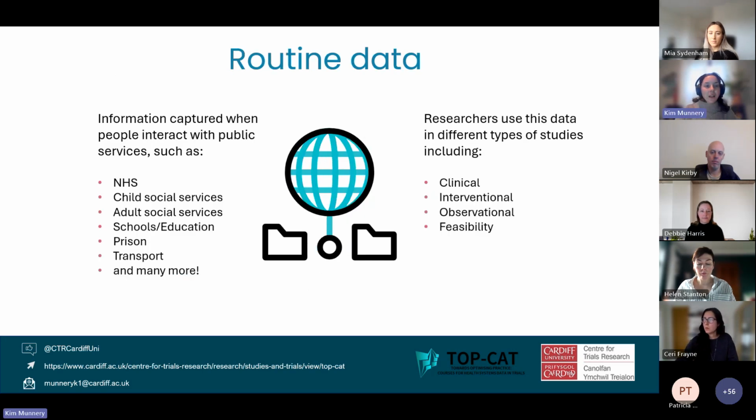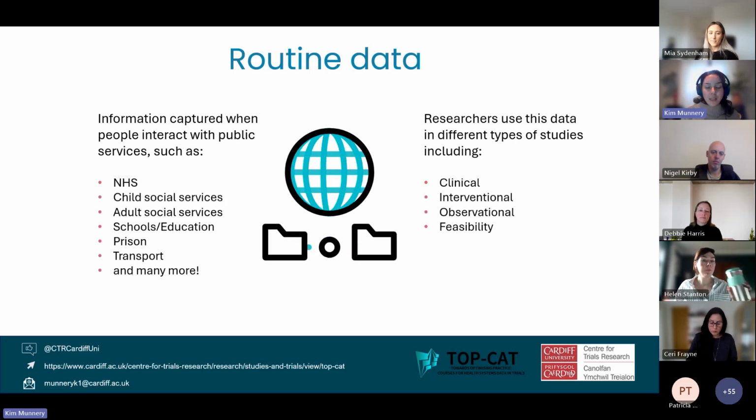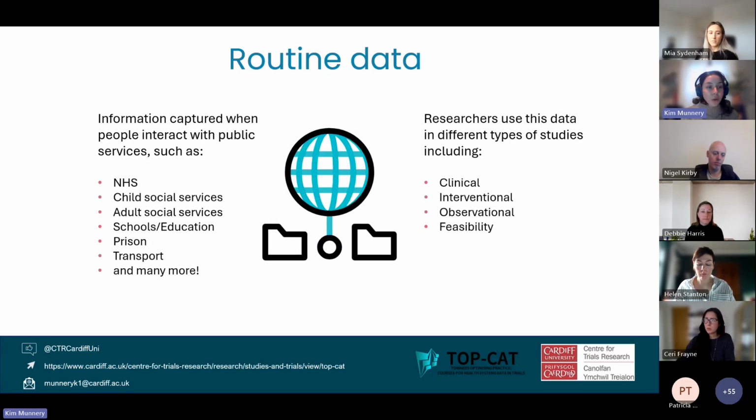Okay, so most of you may know already, but routine data is information that is captured when people use different public services. So this could be the NHS, different social services, schools, college, university, prison, courts, transport. There's, of course, lots of different public services.